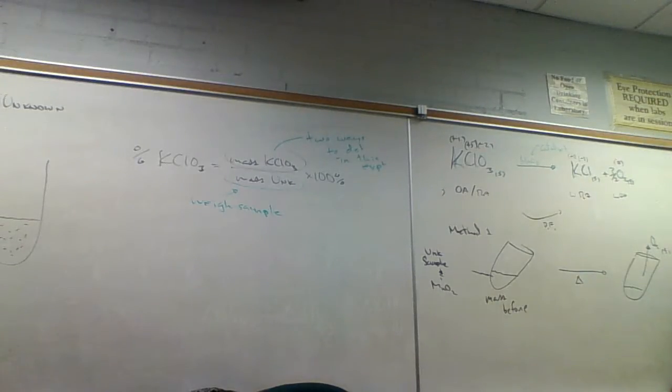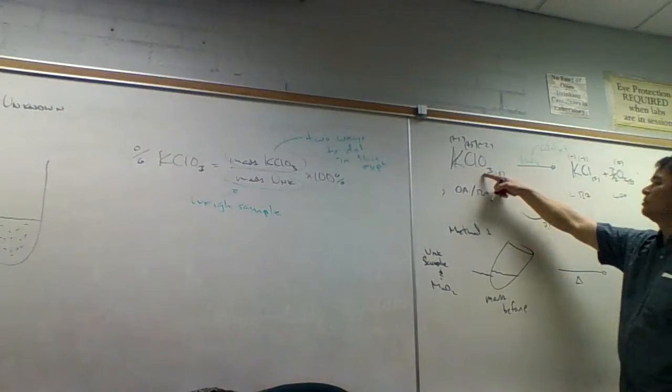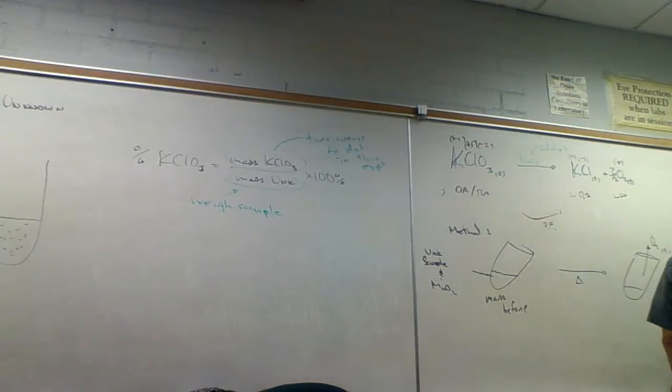So method one is we start off with the mass of O2, convert that into moles of O2. From moles of O2, we'll convert that into moles of KClO3. Because from the balanced equation, the mole ratio is for every 2 moles of KClO3, we have 3 moles of O2 generated.